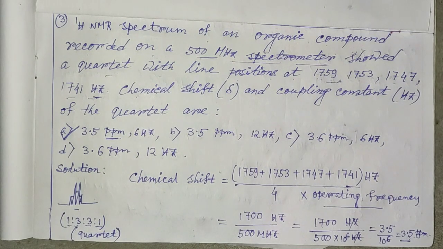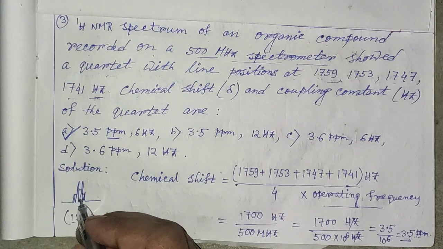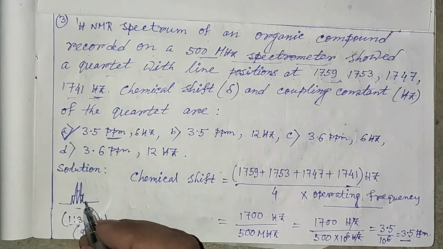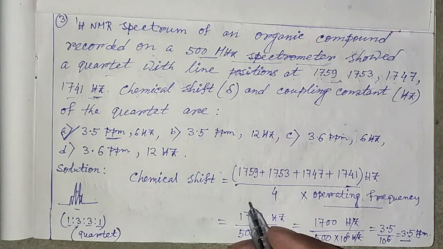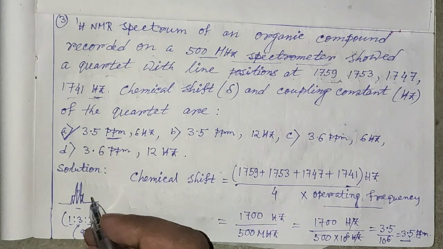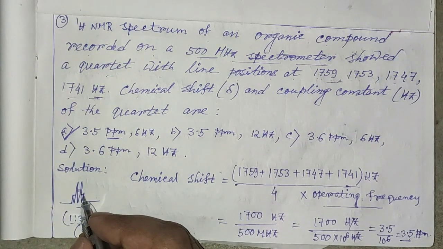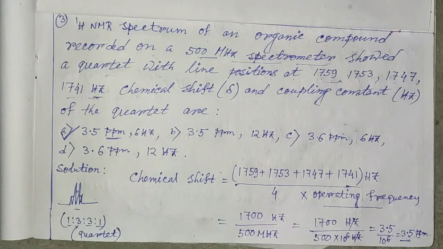Now we have to calculate the coupling constant value for this quartet peak. From the principle of coupling constant, if the values of the lines for this quartet peak are given in Hz, then we can calculate the coupling constant by subtracting any 2 successive peaks.